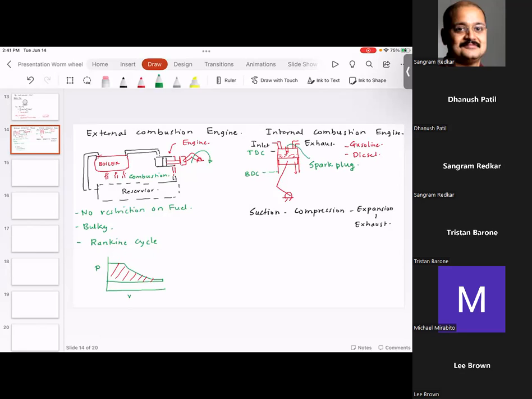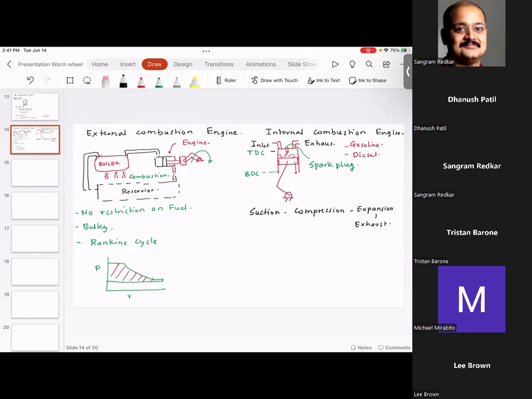Then the expansion stroke ends, and in the exhaust stroke, the piston goes from BDC to TDC and the exhaust valve opens. So suction, compression, expansion, and exhaust, these strokes continue.